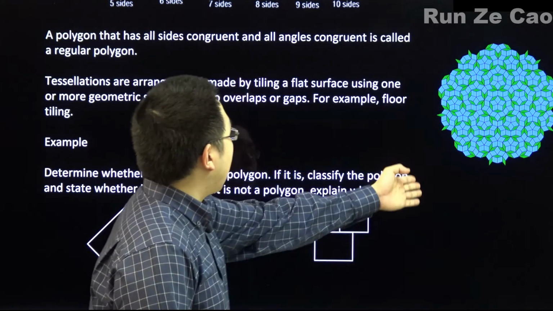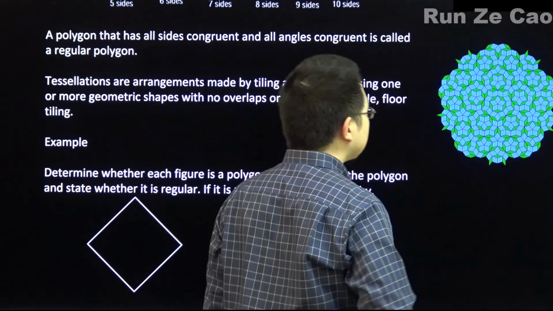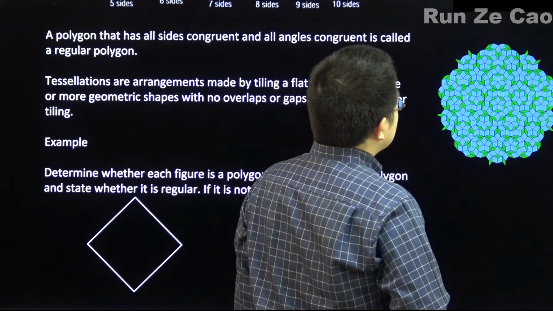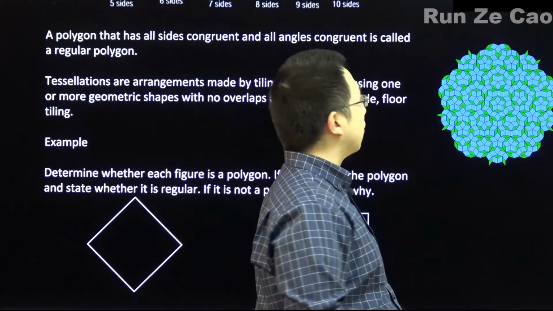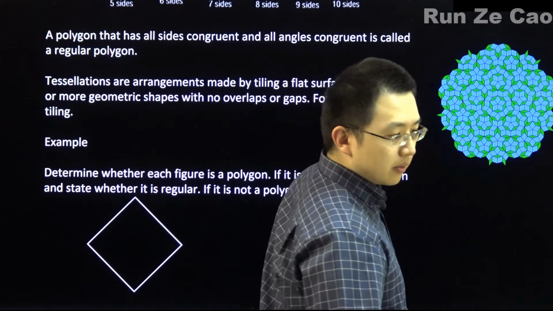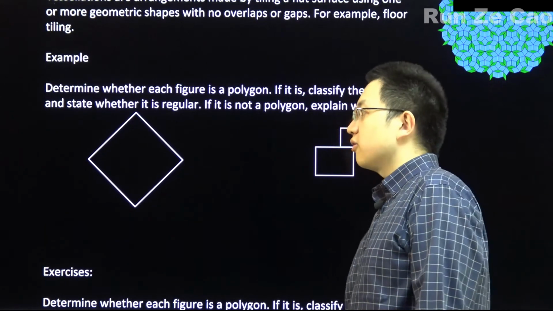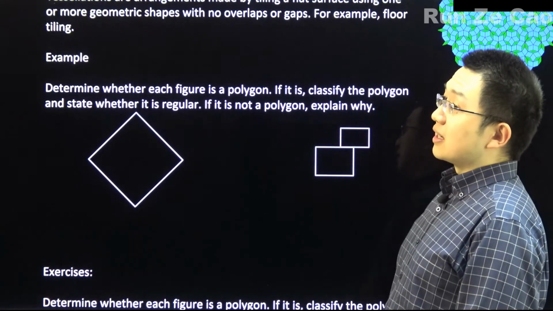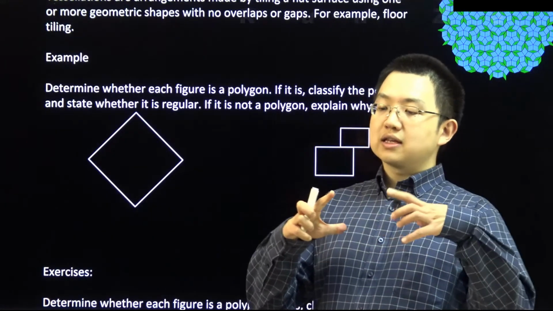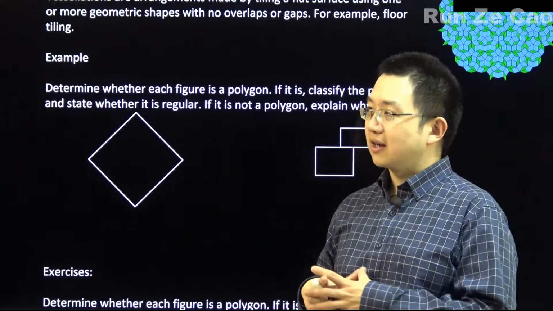This is an example of a tessellation. There are 2 types of shapes here, 2 types of rhombuses. And, well, they fit together with no overlaps or gaps. It's actually possible to make pentagonal tessellations, but they aren't going to be regular pentagons because regular pentagons, they don't come together to form 360 degrees at any point. You have 108 degrees per angle within the regular pentagon.